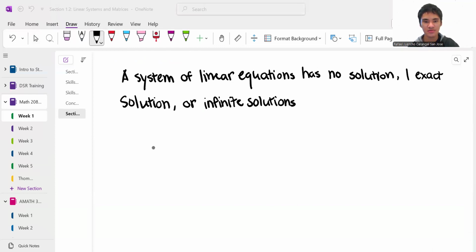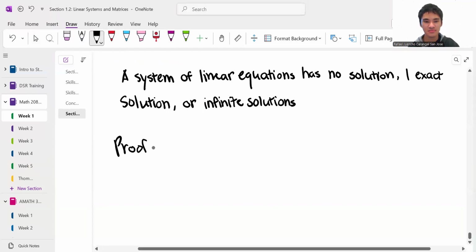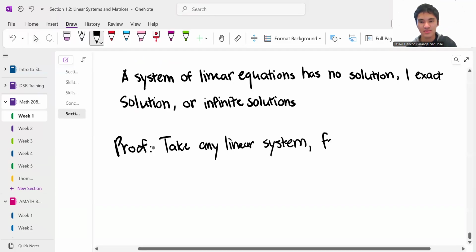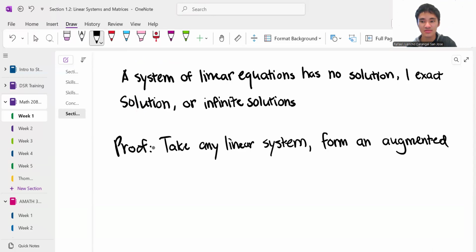So here's the proof. Say we take, of course, we want to make it general, any linear system. What we've been doing, we form an augmented matrix.